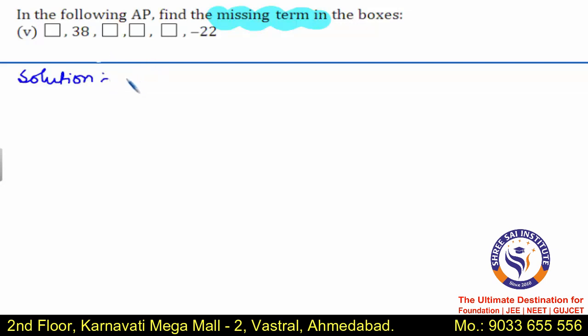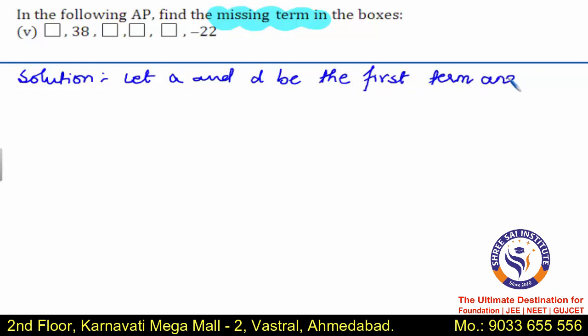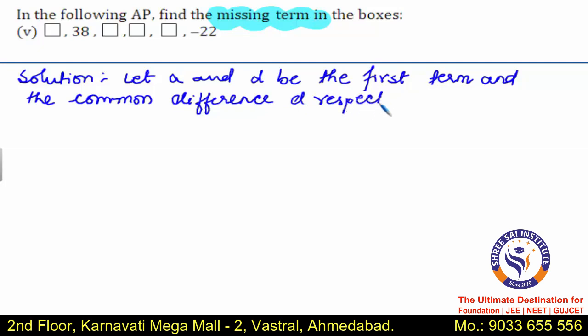And for this AP, let A and D be the first term and the common difference D. This implies that the nth term of the AP is given by A plus n minus 1 into D.